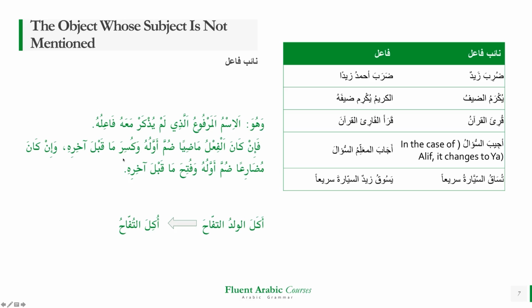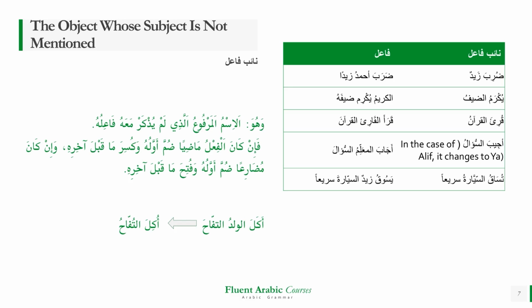This is in the case of ماضي, or the past tense. وَإِنْ كَانَ مُضَارِعًا ضُمَّ أَوَّلُهُ وَفُتِحَ مَا قَبْلَ آخِرِهِ. If it is a present tense verb, we give dhamma to the first letter and we give fatha to the penultimate letter. Now let us look at this in action.